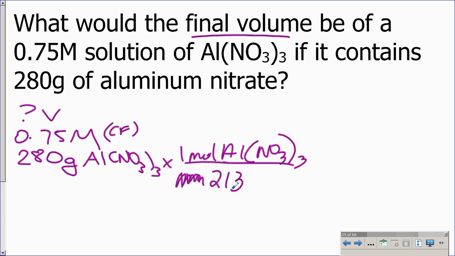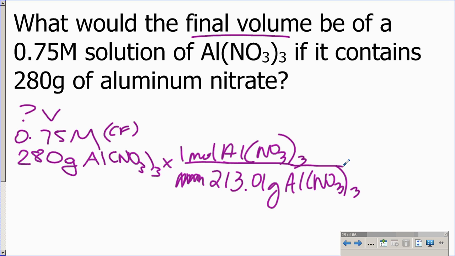Is there a decimal? 0.01, okay, grams of aluminum nitrate. Right now I'm at moles. I can stop here, get moles, and then move on to find the liters. But we should be okay with proceeding with the conversion factor, doing one big stretch of math. And if not, stop here, get your moles, and then go further.